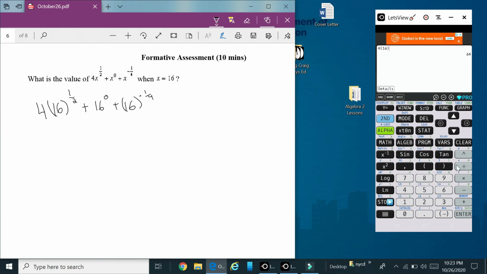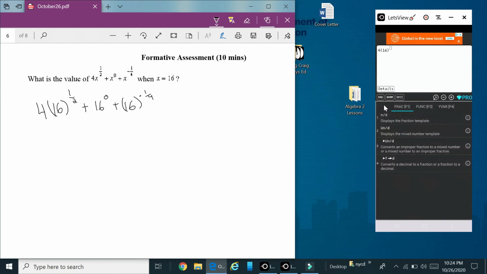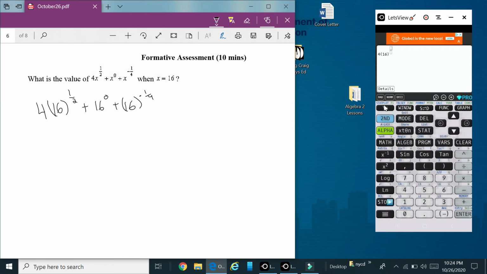And then you hit that arrow going to the top right there. And then you hit second alpha, where it says alpha right there. You hit that button. Y equals. And then you hit that fraction mode again. Then you hit that 1/2.